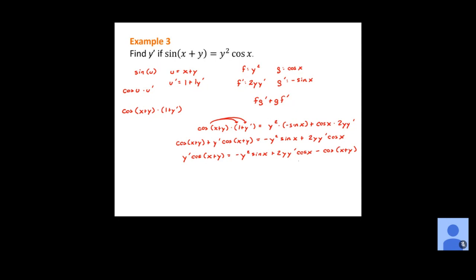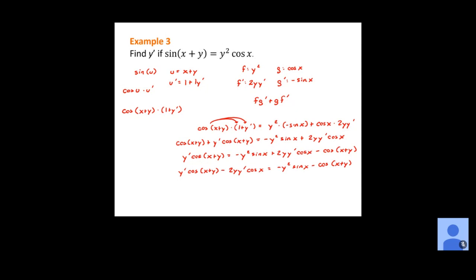Now I'm going to move that y prime term from the right to the left. So we'll have y prime cosine x plus y minus 2y y prime cosine of x equals negative y squared sine of x minus cosine of x plus y.